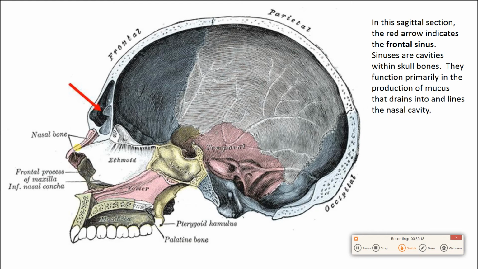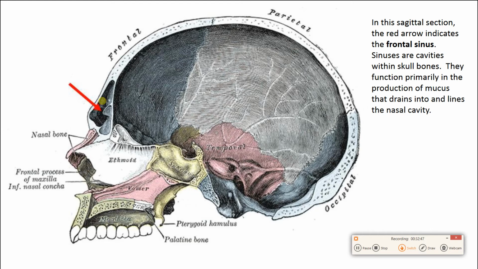And you do that with mucus, starting with the mucus in your nose. But your nose can't make enough mucus on its own, so there are mucus-making factories in your skull, and it's these cavities. These cavities are lined by a mucus-producing epithelium. Think goblet cells here, okay? And the mucus drains from the sinuses into your nasal cavity.